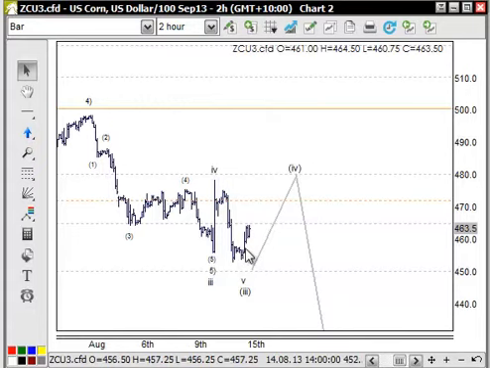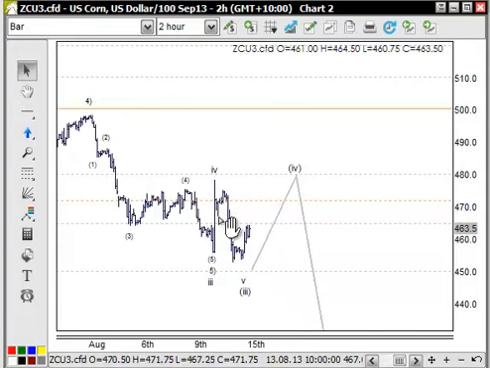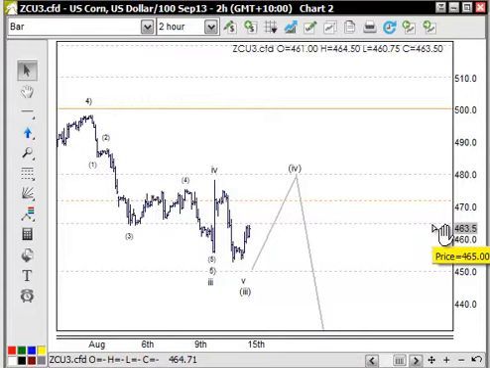But while it's testing this, it may fail from there, we may get our little A, B and C, 3-wave thing for the little wave 4 here, and get one more little leg down through to here. This is pretty much the same length as this one here. If that's the case, then we'll look for the bounce off here, and then we'll be working up through that one there. So you'll just need to see if support is going to be found on the 465 there.